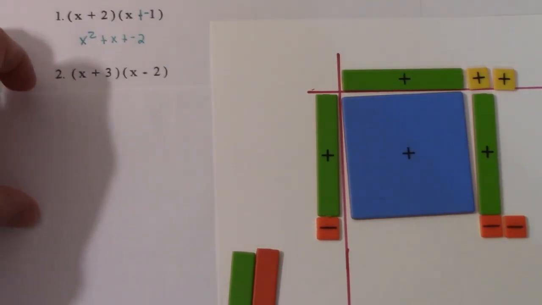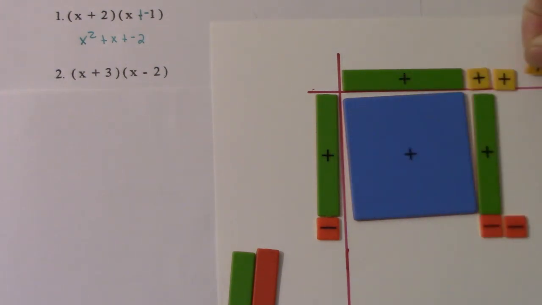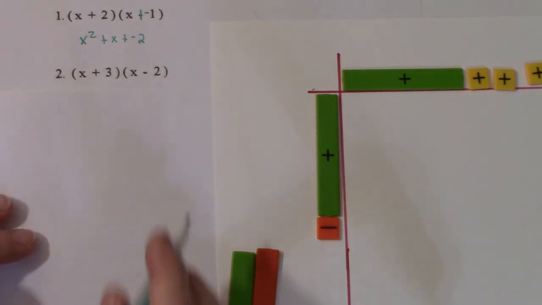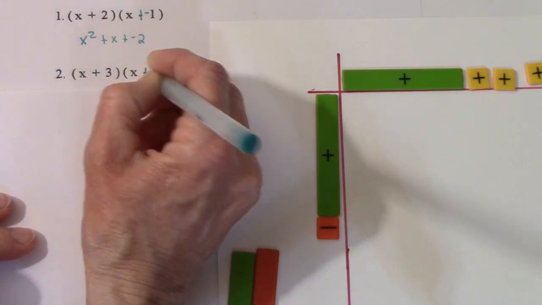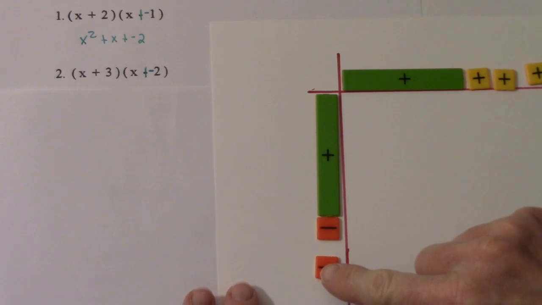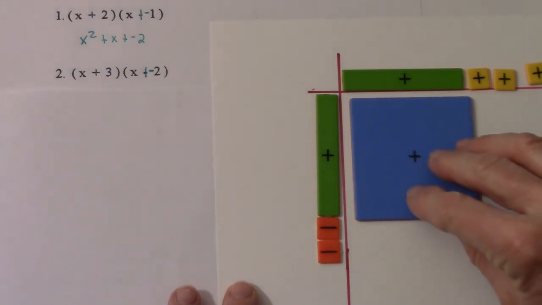Let's look at another example. We have x plus 3 times x minus 2. I'm going to change that to plus a negative 2 so I can actually build it. And I see that I have x times x, and it's x squared.